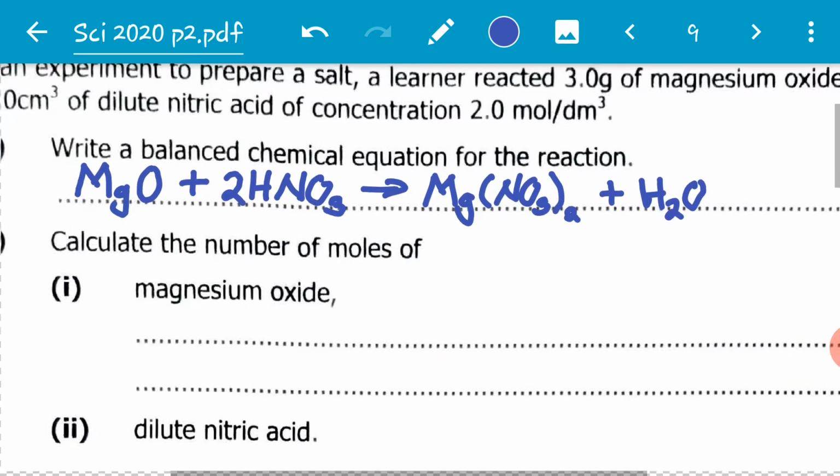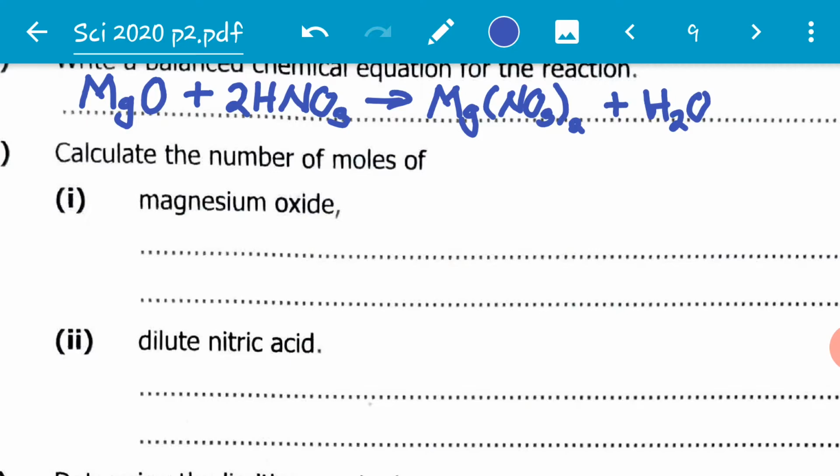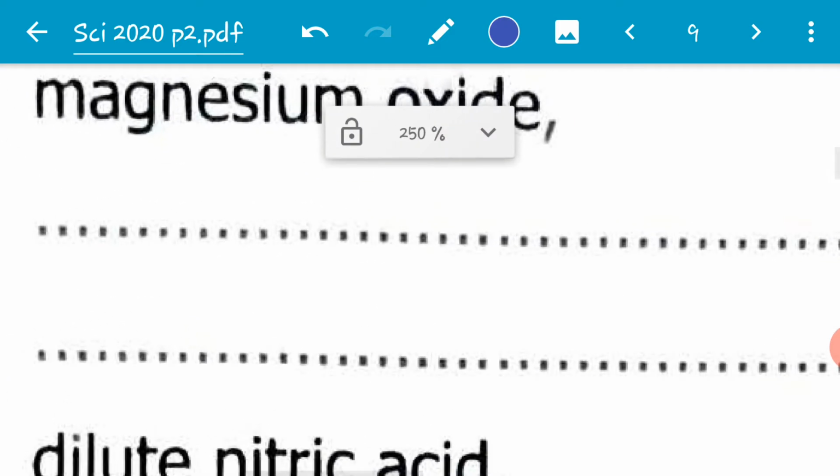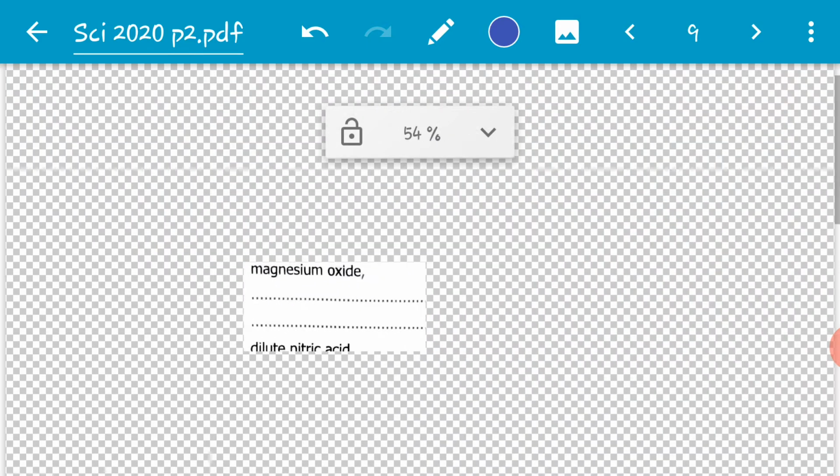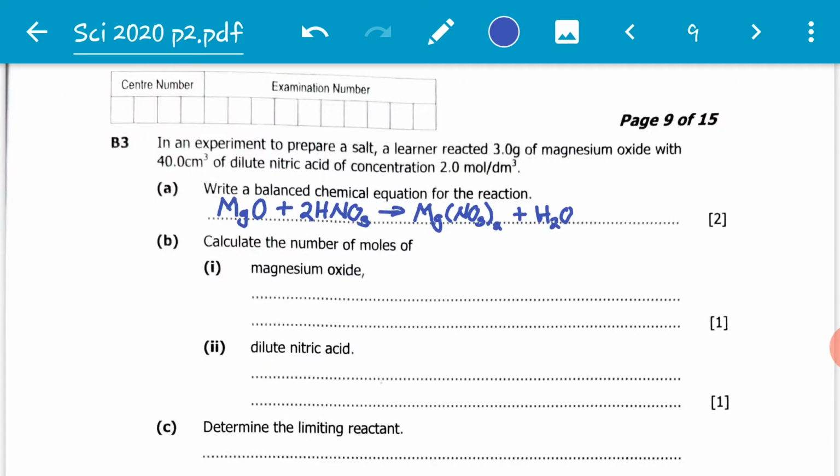Then we now come to part B. Part B is saying calculate the number of moles of magnesium oxide. So for us to calculate the number of moles of magnesium oxide, we will use the formula because we have been given the mass of magnesium oxide, which is 3.0 grams.